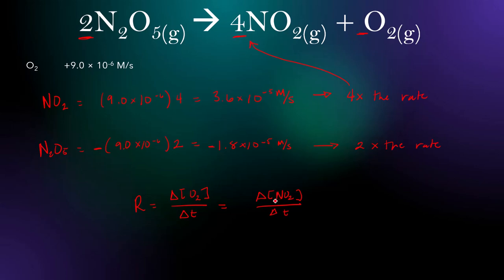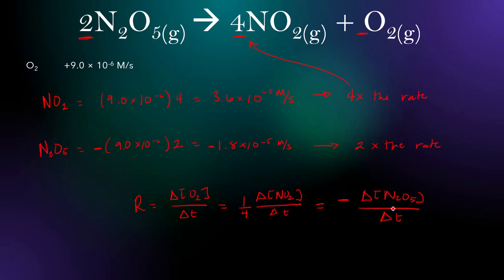So in order for these to equal each other, I have to divide this by 4 because it's occurring at 4 times the rate. So I'm going to put that 1/4 right in front. Now again, I got that 4 from the coefficient, so all you have to do is create a fraction right there. And that's going to be the same thing as negative, because now we're at the reactants, the change in concentration of N2O5 over the change in time.